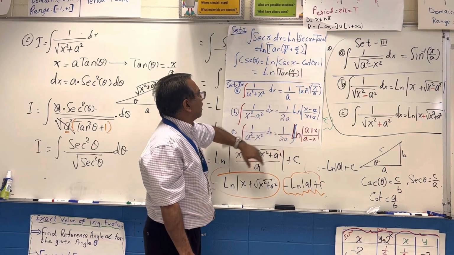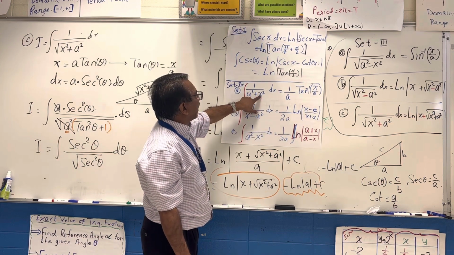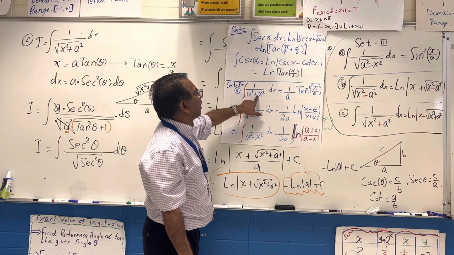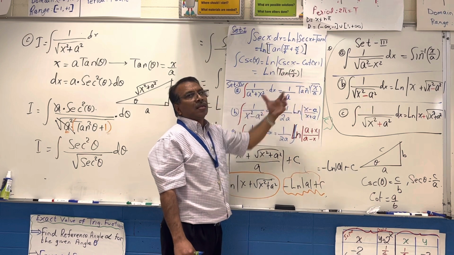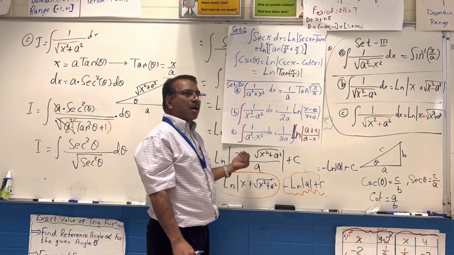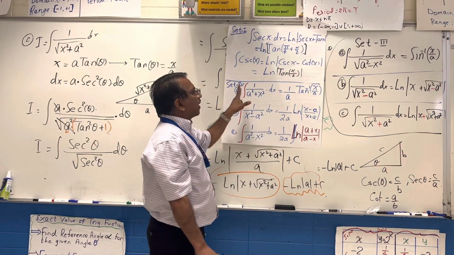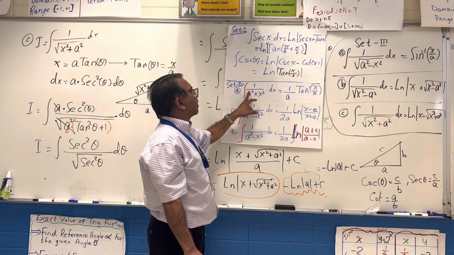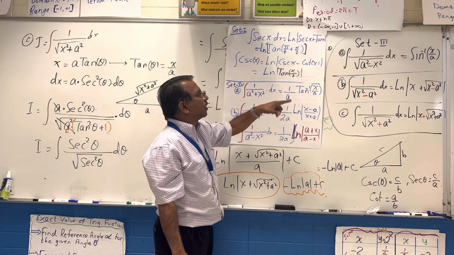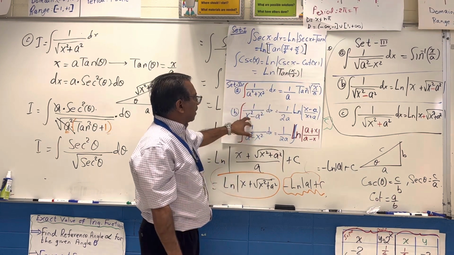If it is a squared plus x squared, this we know directly, you can remember the derivative of tan inverse is 1 over 1 plus x squared. So that trick you can use and say, hey, this is 1 plus x squared, so it has to be tan inverse. Only in this case you have to be careful.